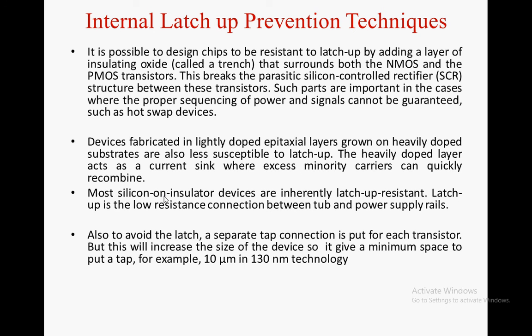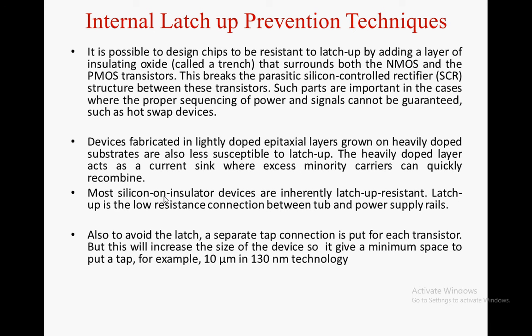It is possible to design a chip to be resistant to latch-up by adding a layer of insulating oxide that surrounds both the NMOS and the PMOS transistors. This breaks the parasitic silicon controlled rectifier structure between these transistors. Such parts are important in cases where the proper sequencing of power and signals cannot be guaranteed, such as hot swap devices.